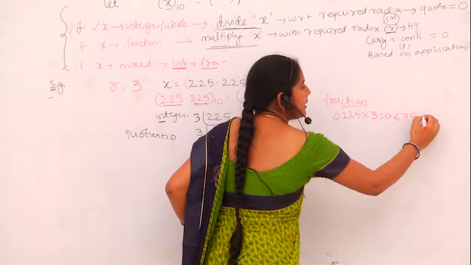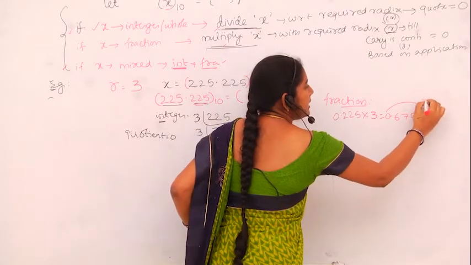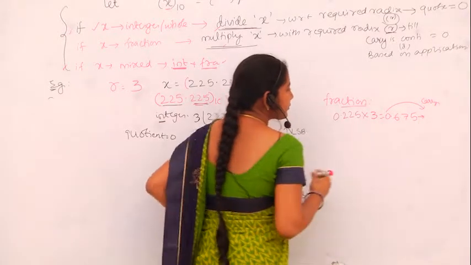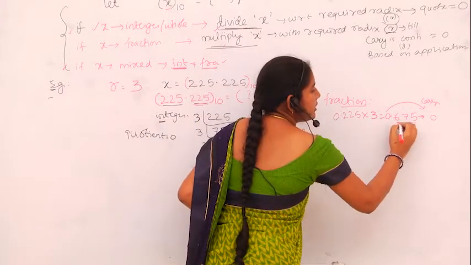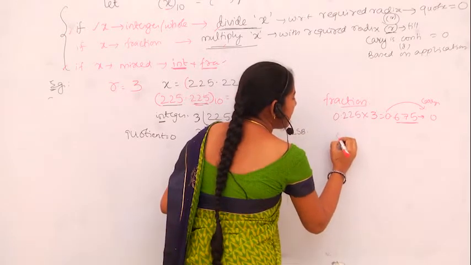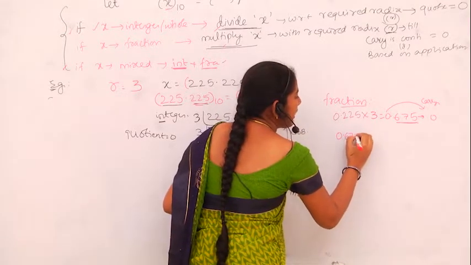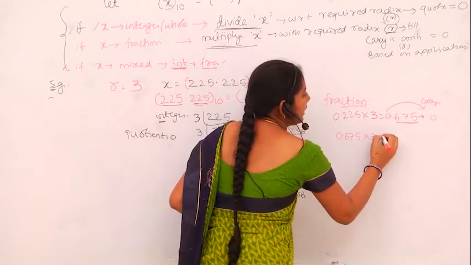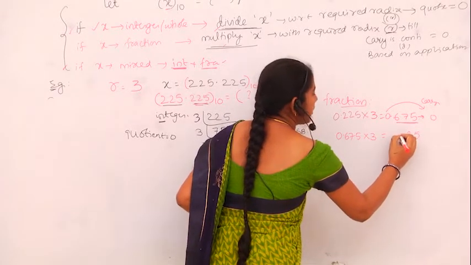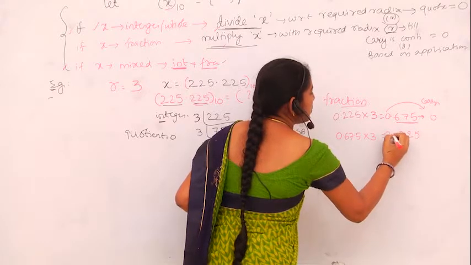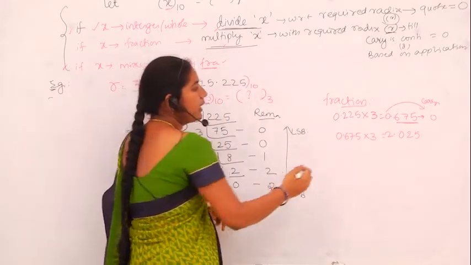In this, take the integer part out. Integer part is 0 and this fraction part to the next level, that is 0.675 into 3. So the result is 3 5s are 2, 0.2. Okay.